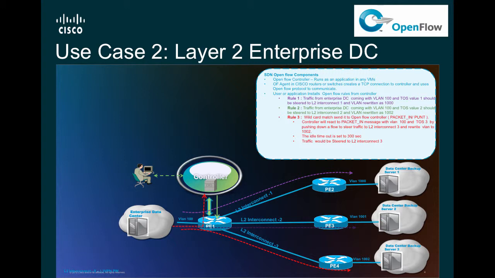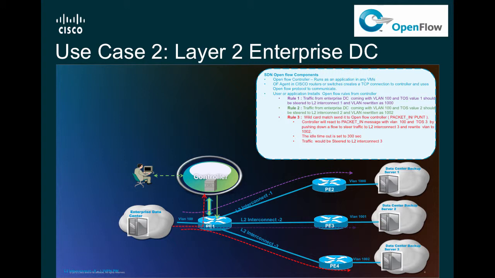So from the controller, you can put in certain rules. Rule number 1 could be that traffic coming in from the enterprise data center on VLAN 100 with a ToS value of 1 should be steered towards layer 2 interconnect 1 going towards PE2, and the VLAN should be rewritten as 1000.